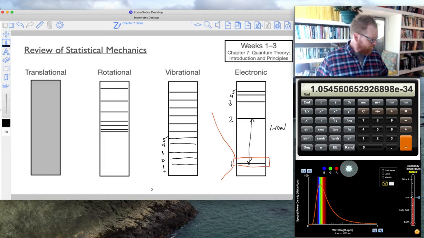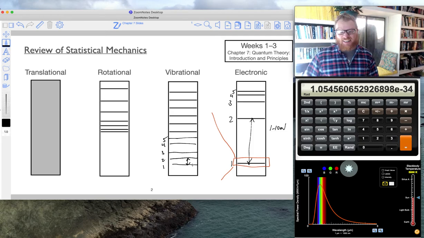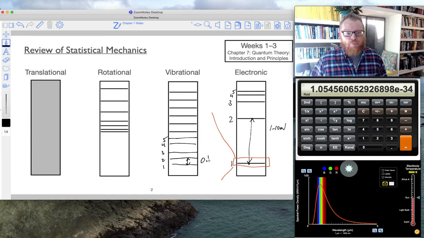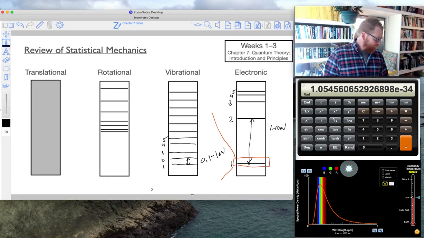And a typical energy spacing for those vibrational levels will be more like 0.1 to 1 electron volts. So definitely in that IR region. Again, these are just general cases.